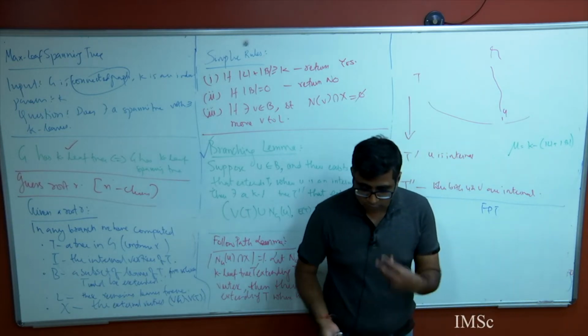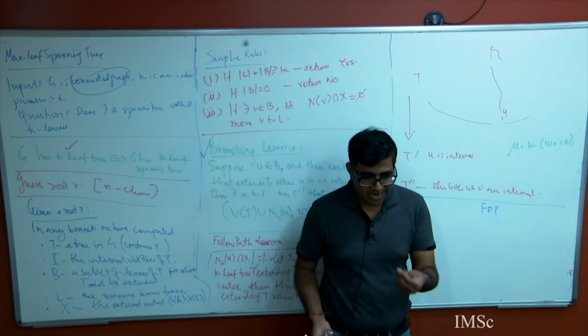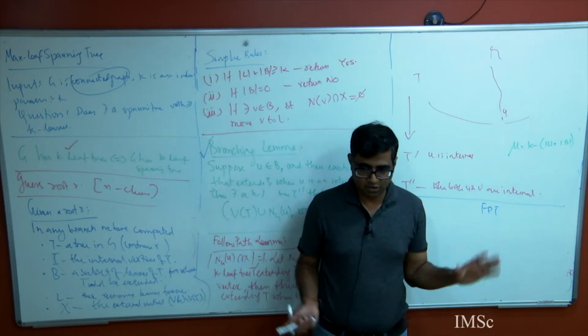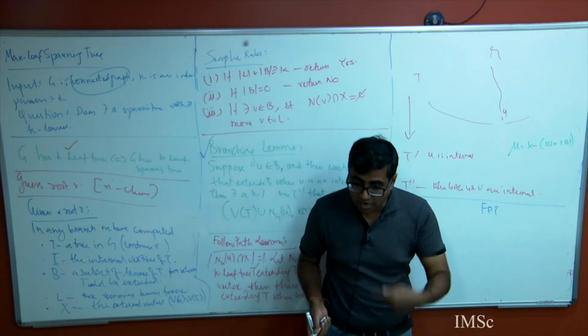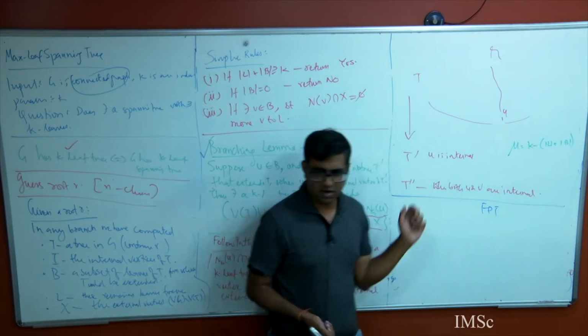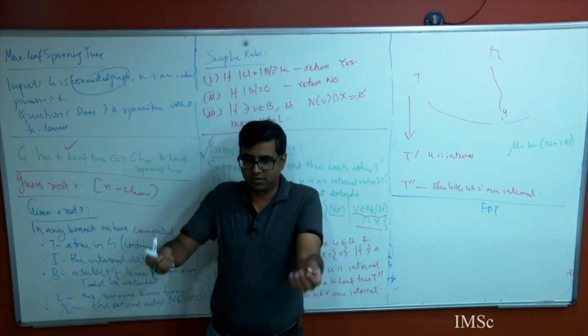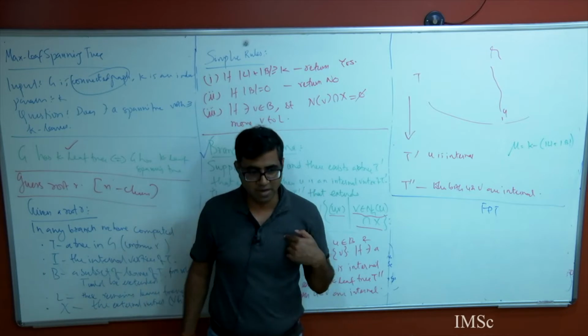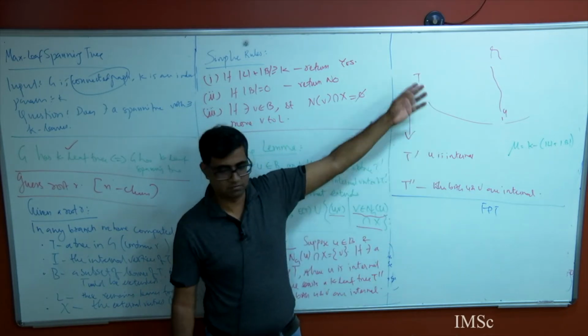Measure you have to associate to any instance which you get in the iteration of your algorithm. Measure shouldn't be just a function of the input graph. Measure has to be a function of any instance which you get. Look, it's a recursive algorithm, right? So I could get a spanning tree, this partially constructed object. So my measure should be a function of what the input is. Input is not just k.